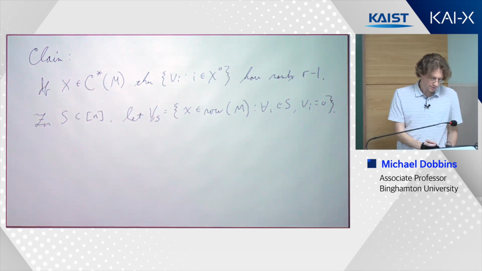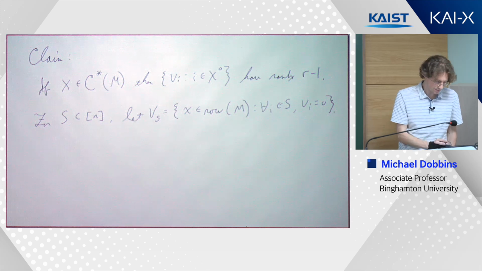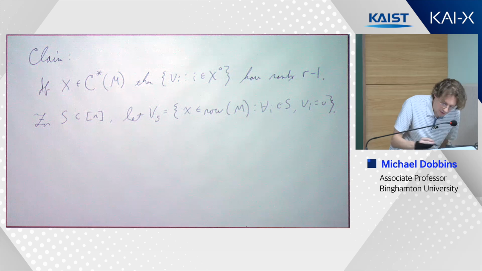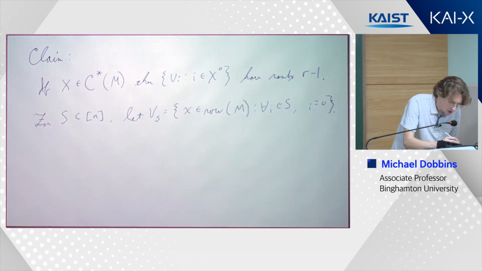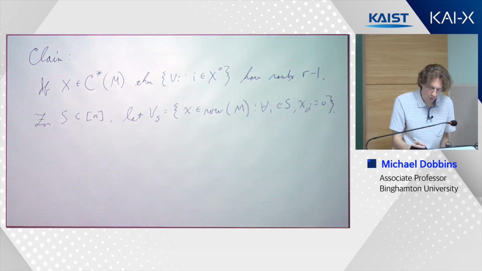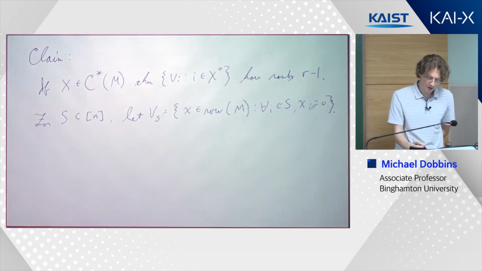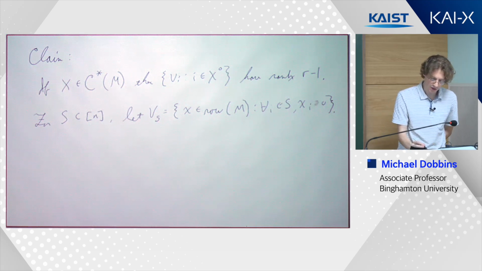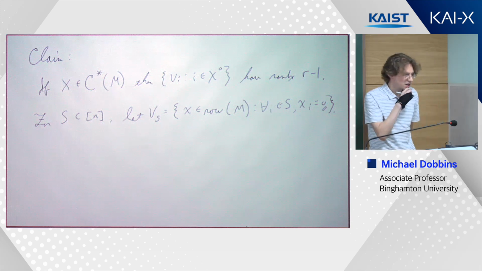So let's say I have some set S. I can look at what are all the X in the row space of M where the corresponding coordinates in that set, that vector vanishes.